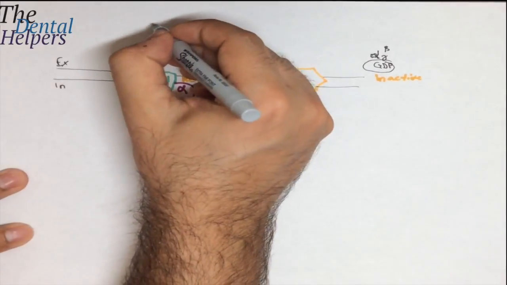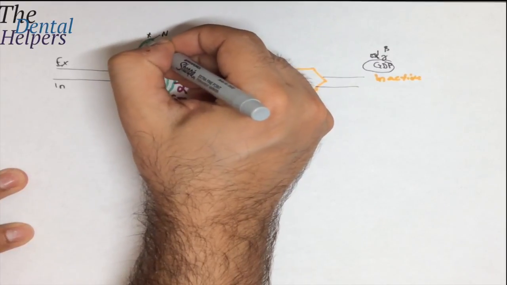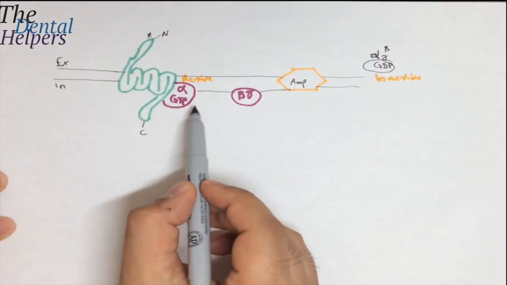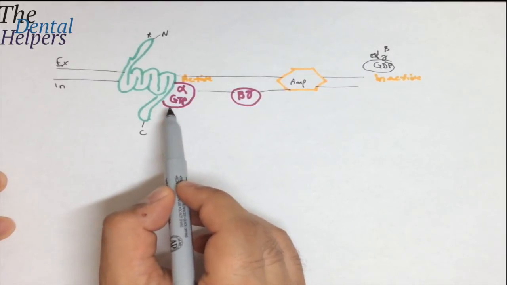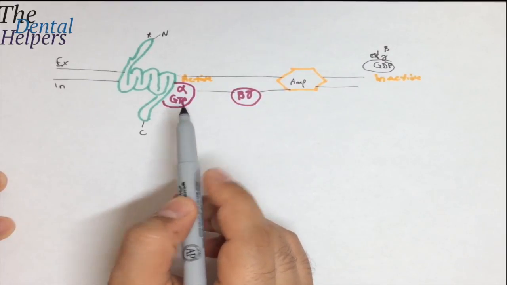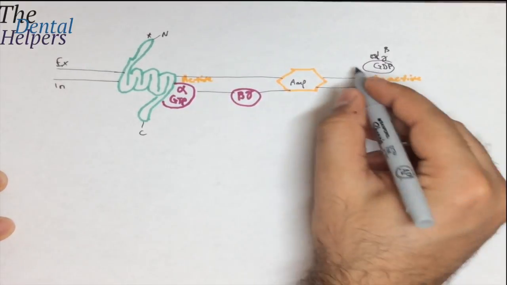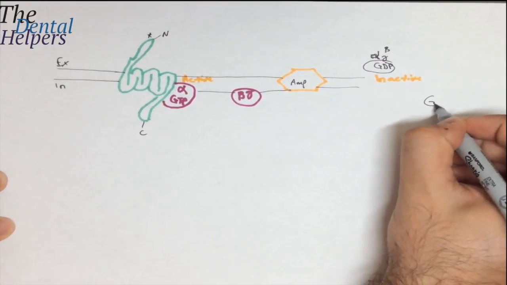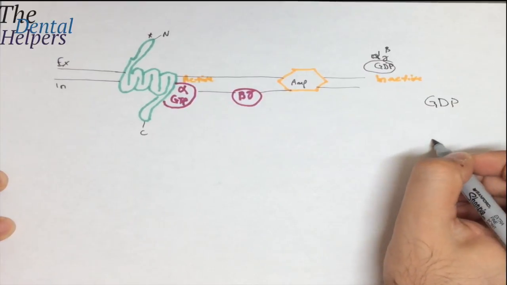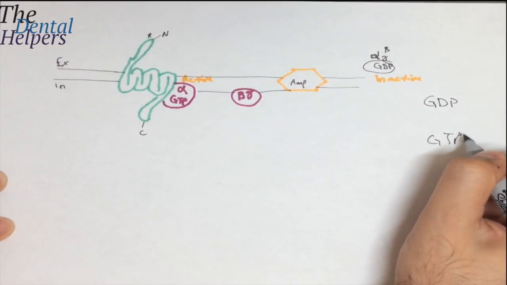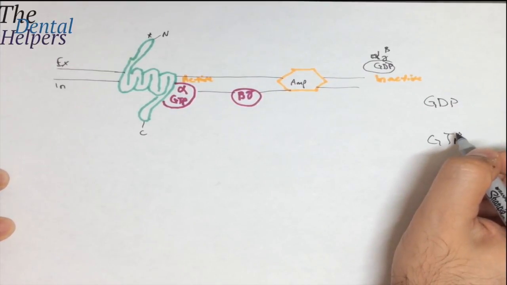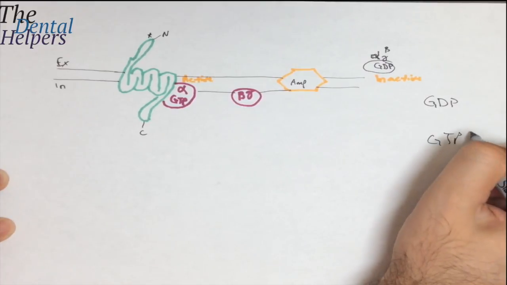And so what happens is a ligand comes in, and it's going to bind to the receptor, and this is going to cause this change right here. And what allows GDP to go to GTP is something called a GEF, a GTP exchange factor.